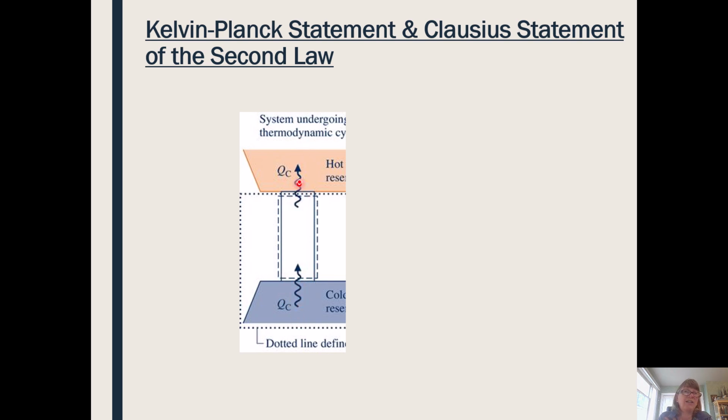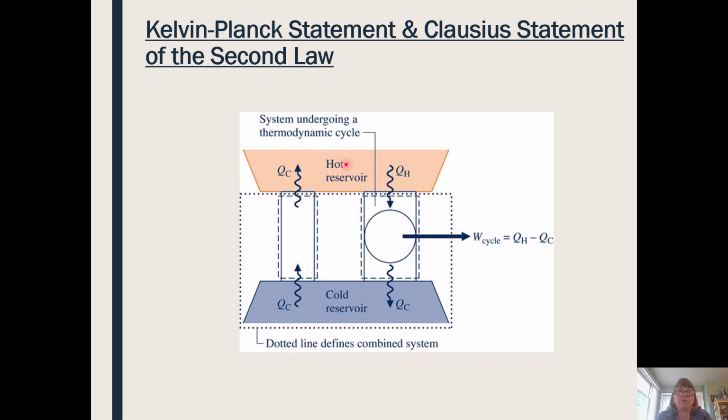If we violate this, it's going to violate the Kelvin-Planck statement. If we take heat going from here, applying it to work, and to our cold source, and we take that same amount of heat put into the cold source and bring it back up, we can't do this and still have this work. So if we violate the Clausius statement, then we violate Kelvin-Planck.